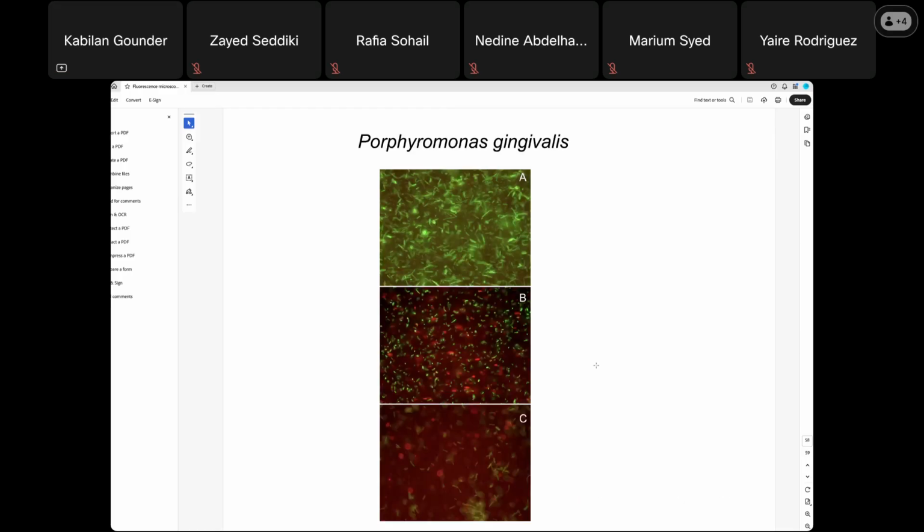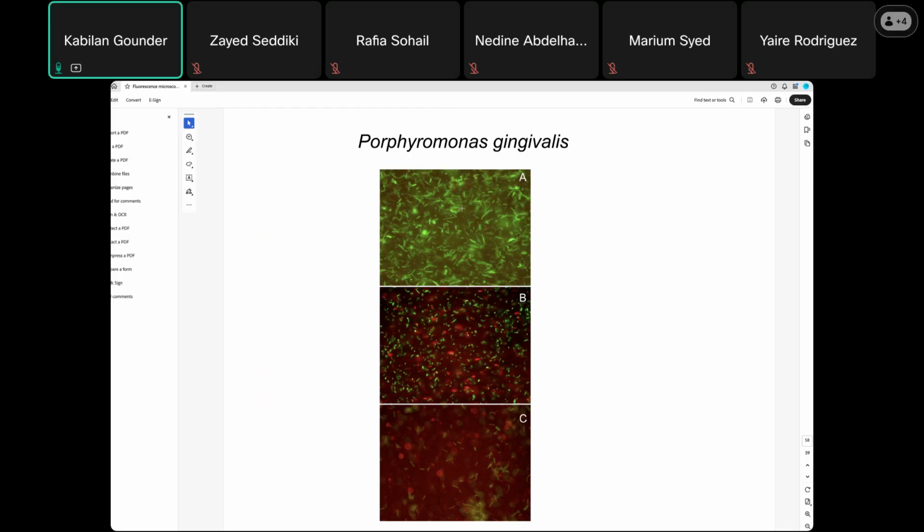Also, we wanted to study different things. So here, when you look at this, Porphyromonas gingivalis is another periodontal pathogen. We wanted to study how this lactoferrin peptide prevents the growth of Porphyromonas gingivalis. Here also you can look: this is a control panel, and this is the peptide with low concentration and the peptide with a higher concentration.